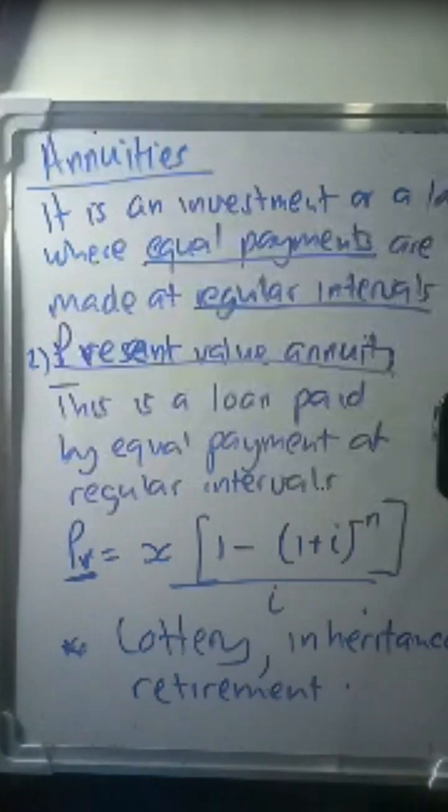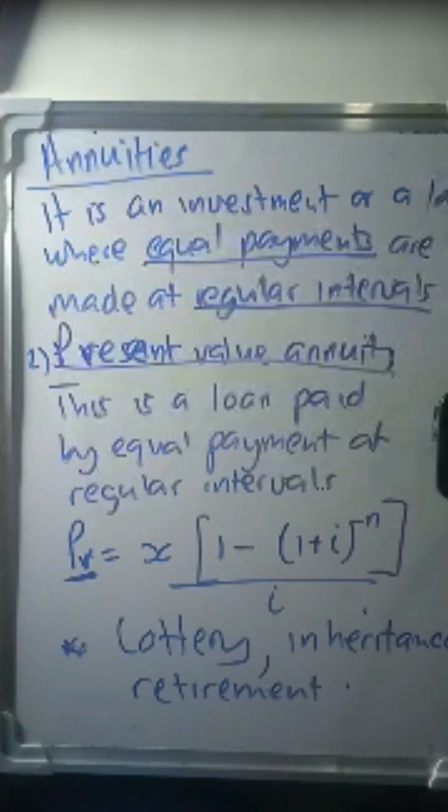you get a lump sum. How much is the Powerball now? I don't know how much it is, but let's say you get 5 million. If you get 5 million, can you use all of it? No. What can you do? You can put it with the bank and instruct the bank to pay you a certain amount of money every month.